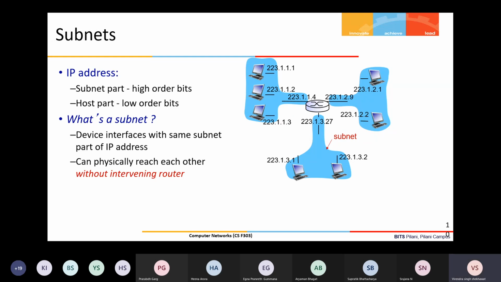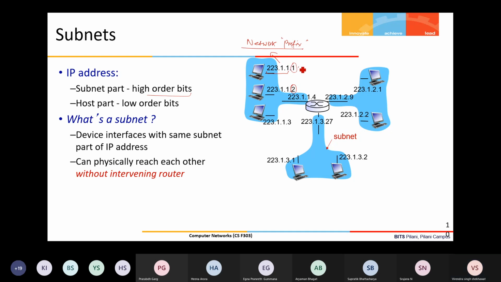To understand the subnet, in your IP address you have a subnet part, which is the higher order bits of the IP address. Like in this case, the higher order 24 bits are the subnet part, and the host part is the lower order bits. This is called a network prefix, or simply a prefix, but more precisely we call it a network prefix.